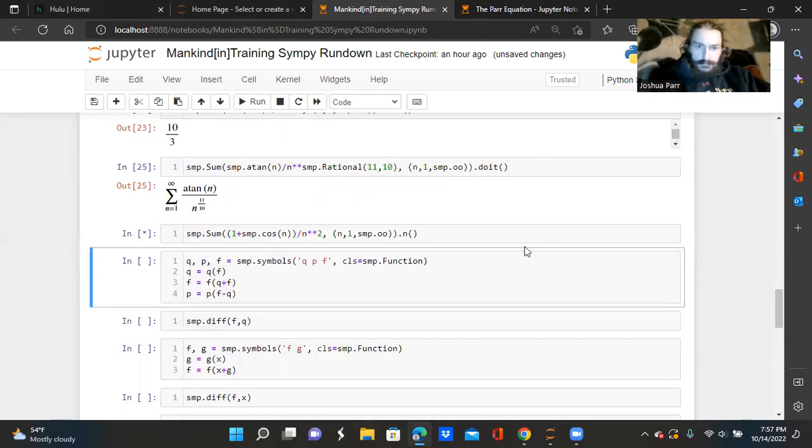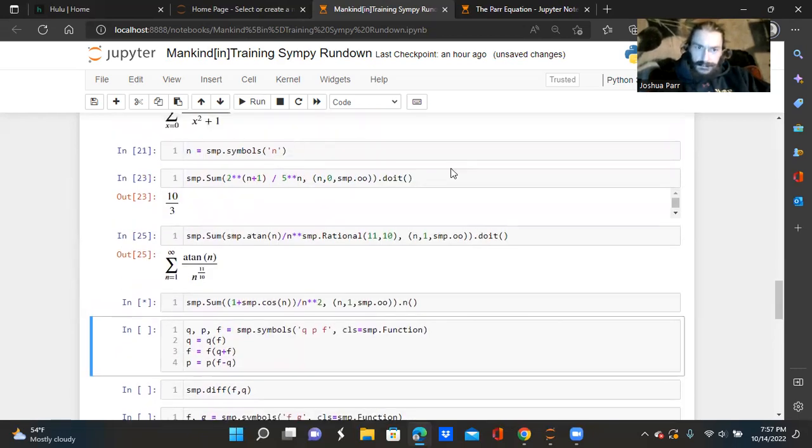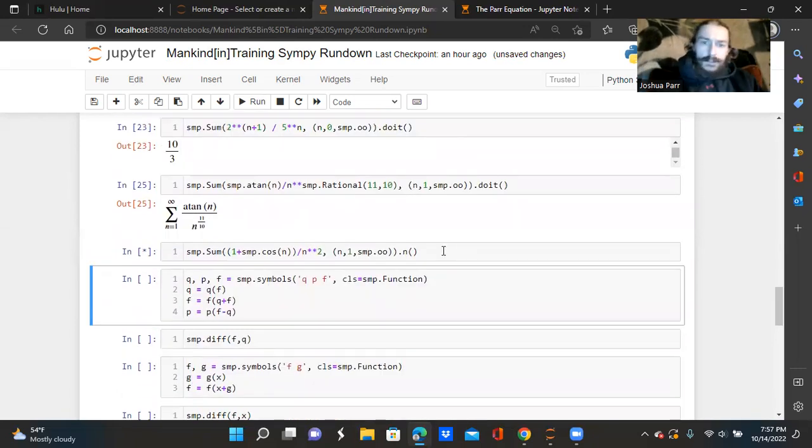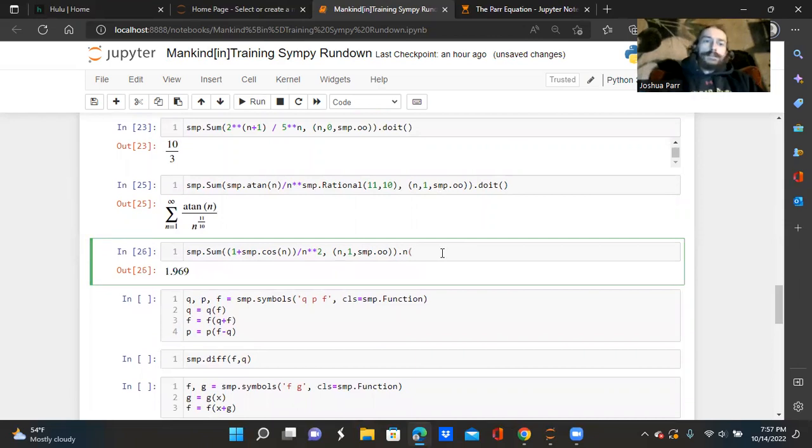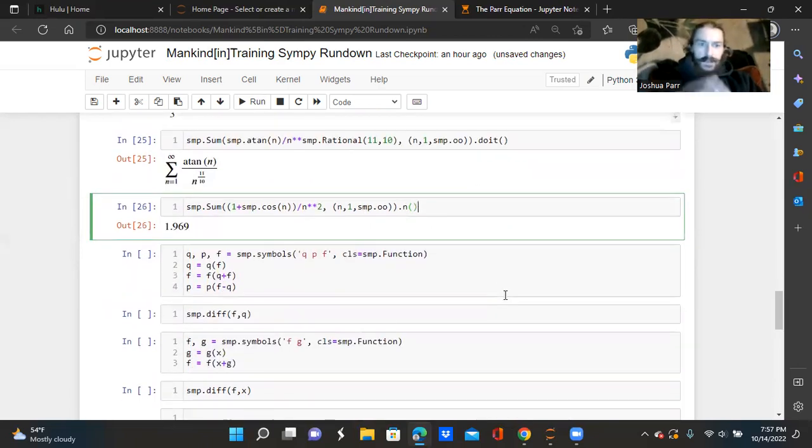Yeah, I wonder why that's not working. I'm going to stop it. Oh, no, it worked. It did work. It just took forever. Got 1.969, which is the answer. I did this earlier. It should work.